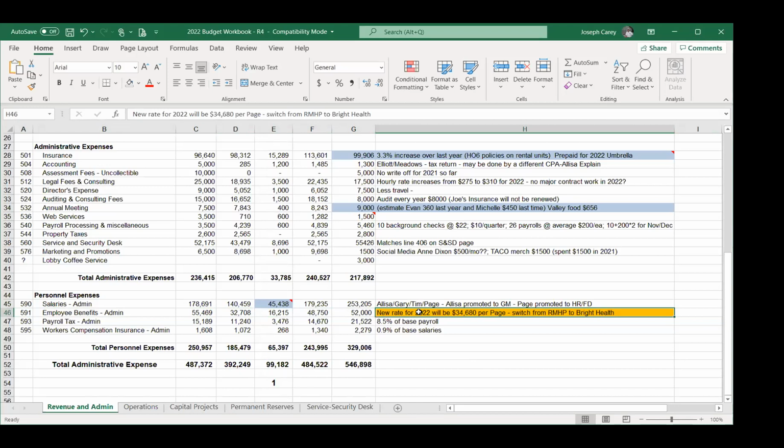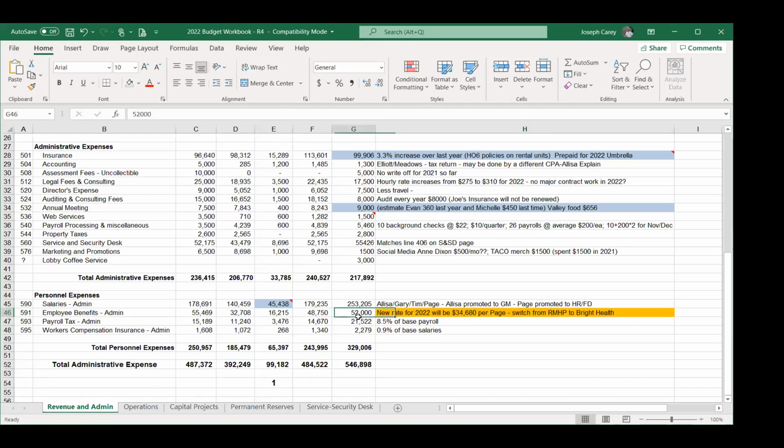Paige did some research, and I reviewed what she found with her yesterday. We're probably going to be moving to Bright Health, a subsidiary of United Healthcare, a big player in the health insurance business. You always think of healthcare plans going up in price rather than down.